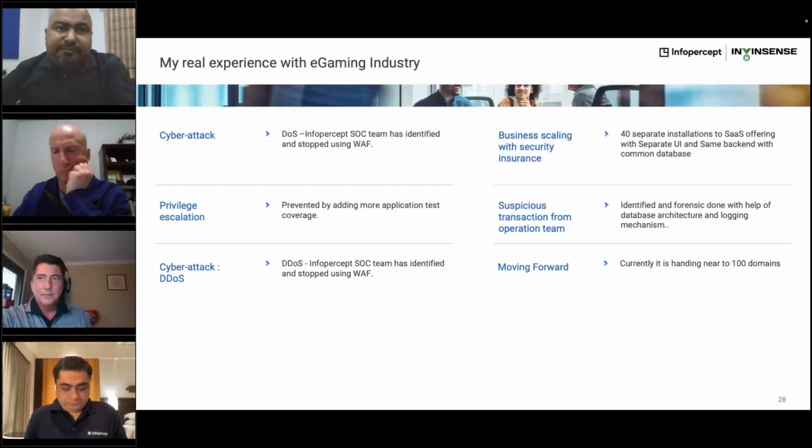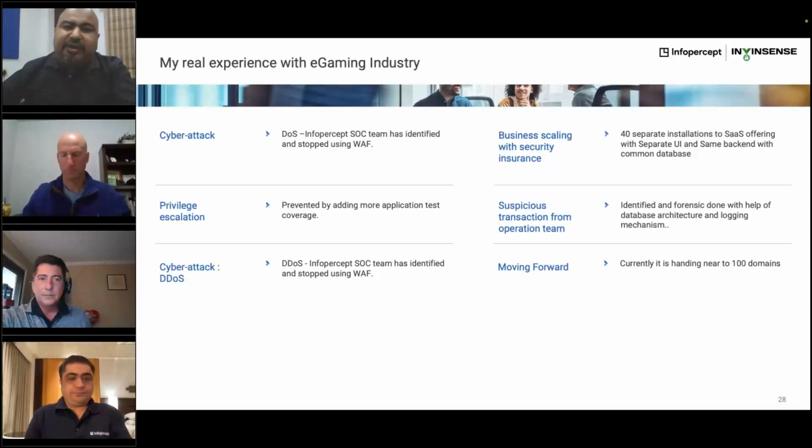Then we implemented pure SaaS practices, where we merged all the tenants' databases into one with horizontal splitting, and we ensured that whatever data is there, the encryption and decryption keys are separate across the whole tenant, and they are kept very secretly, so that even if any one tenant is compromised, the impact is not there on the other tenants.